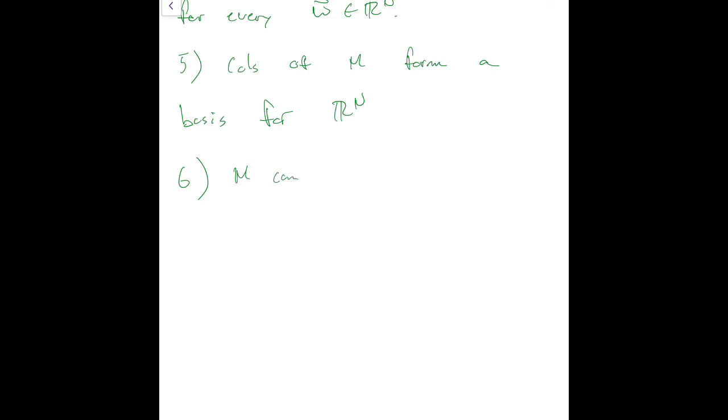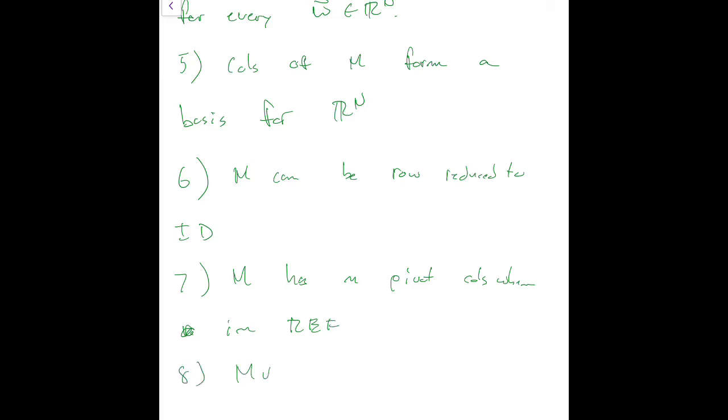M can be row reduced to the identity. 7, M has n pivot columns when in row echelon form, I'll say.